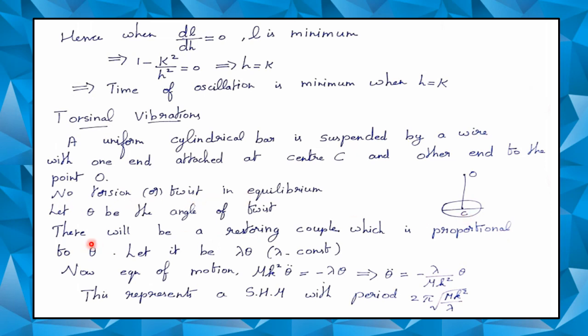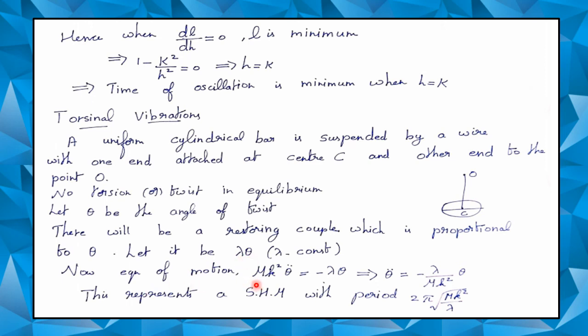Now suppose theta is the angle of twist, then there will be a restoring couple which is proportional to theta. A restoring couple means two forces which are equal and opposite. These two forces will restore the position, and that will be proportional to theta. Suppose it is lambda into theta.